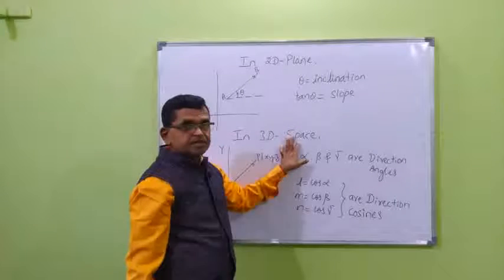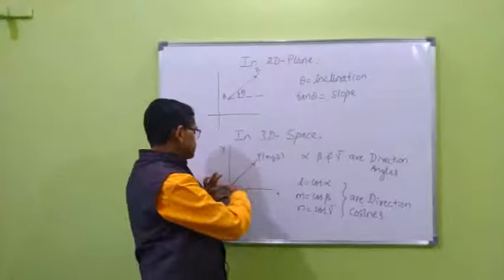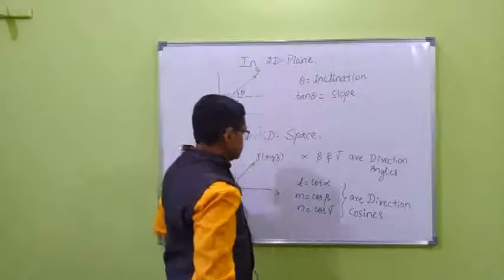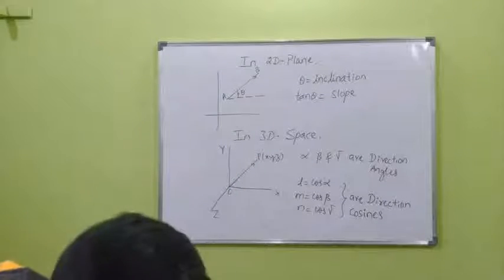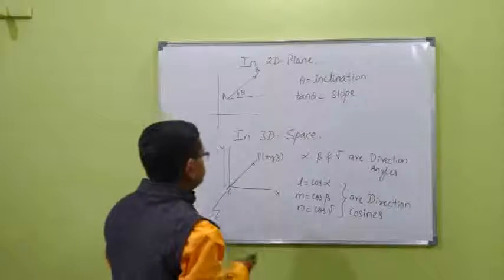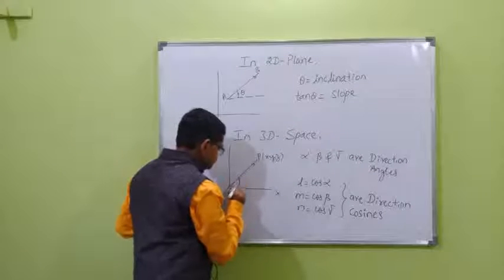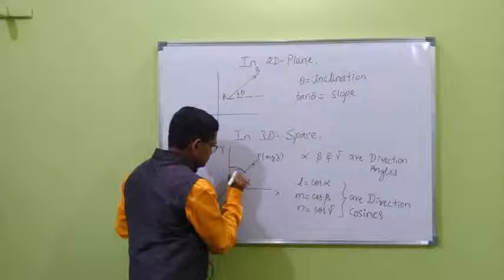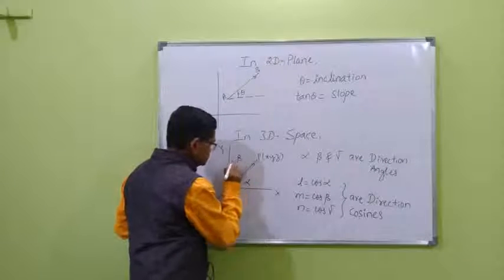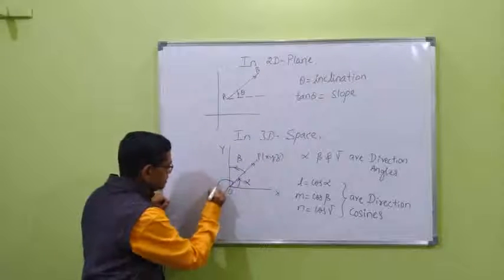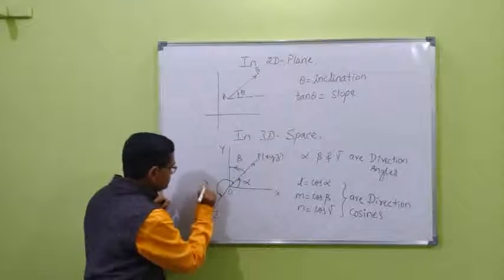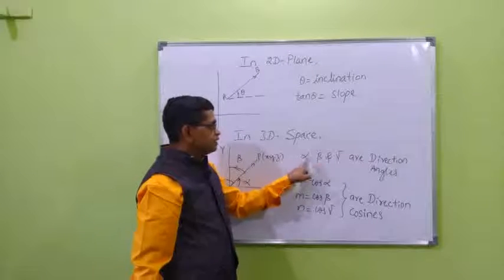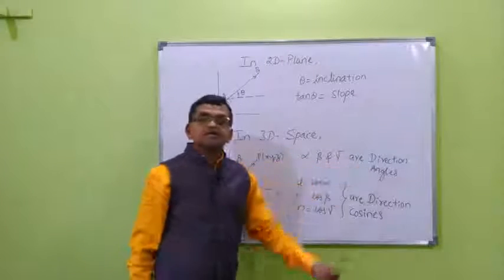In three-dimensional space, suppose a directed line segment OP makes angle alpha with the x-axis, beta with the y-axis and gamma with the z-axis. Then alpha, beta and gamma are called direction angles.